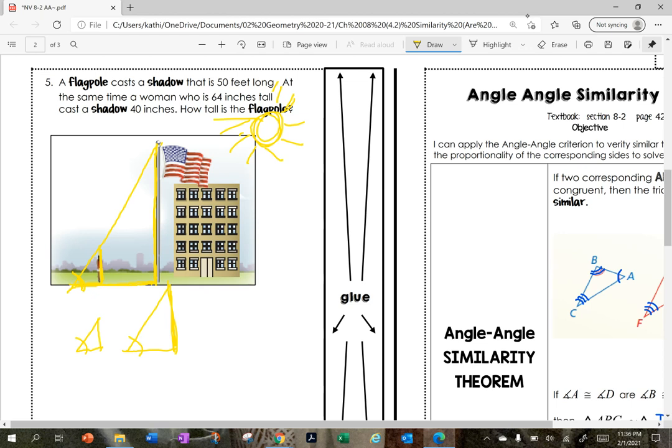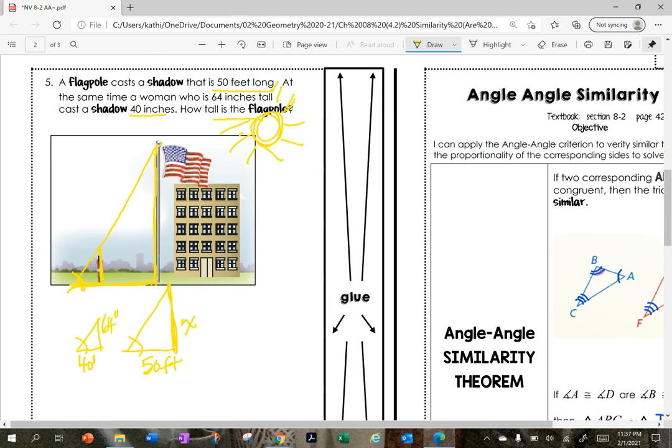So 64 inches tall, and a flagpole casts a shadow that's 50 feet long. So here's 50 feet. And the woman's shadow is 40 inches. So I'm just setting up some proportions. I'm trying to solve for the flagpole here.